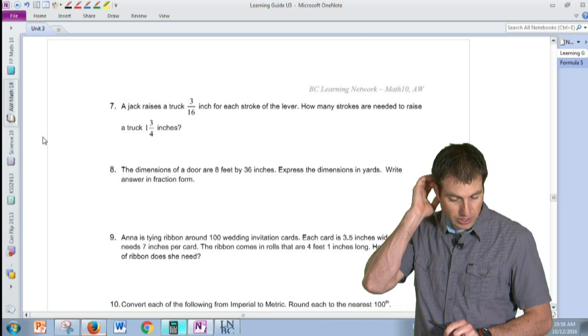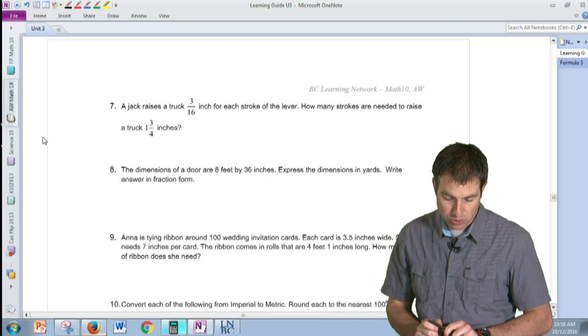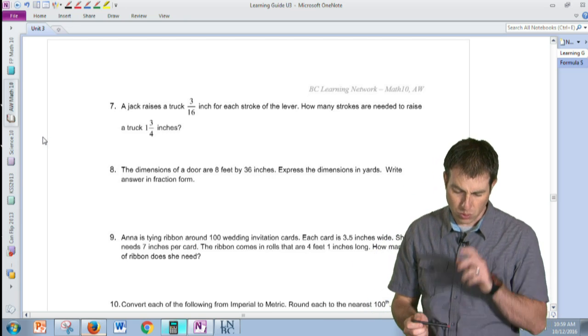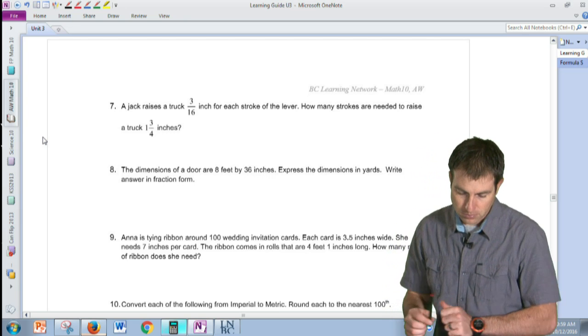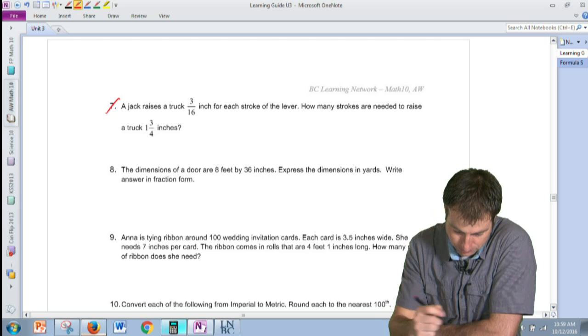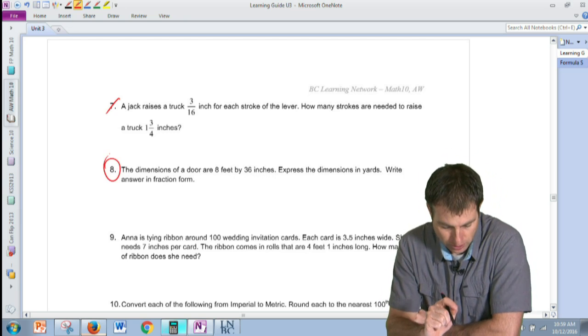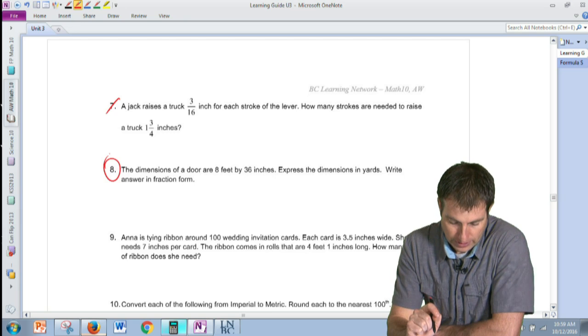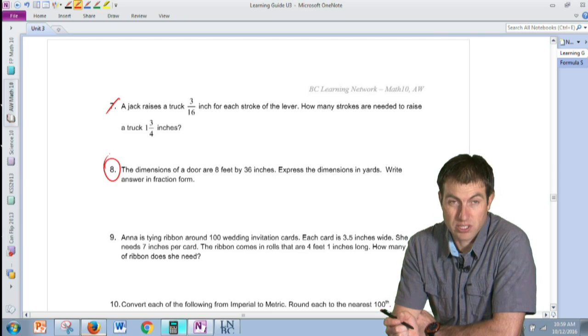The next page, number 7, how many strokes needed to raise the truck 1 3/4 inches? Let's not worry about 7. Let's do 8. That's a question. 8 feet by 36 inches, convert it to yards.